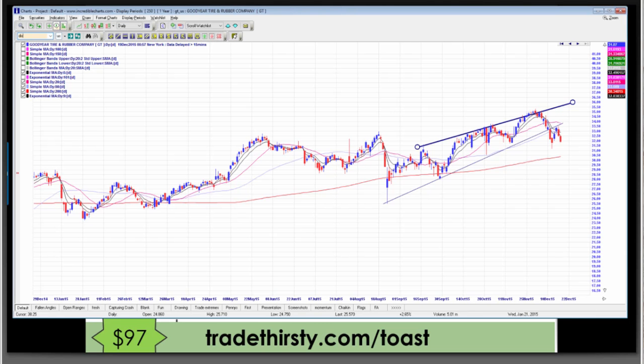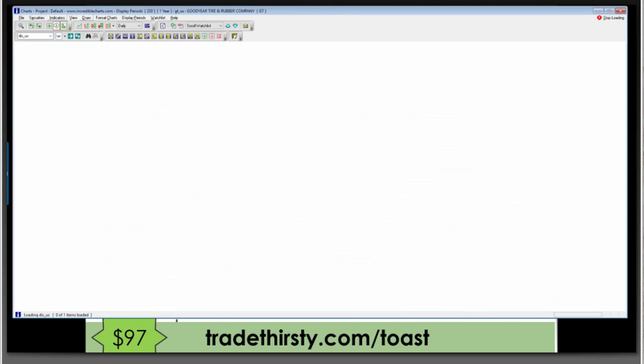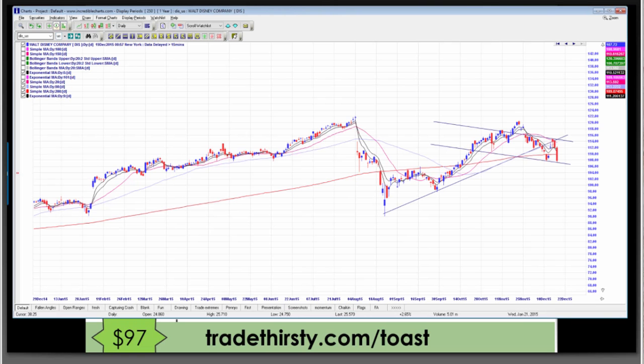DIS. Walt Disney. Head and Shoulders. You can see I've already charted this one up. It's also a declining head and shoulder. So as surprising as this is, given the Star Wars and so forth going on, it's not looking promising.